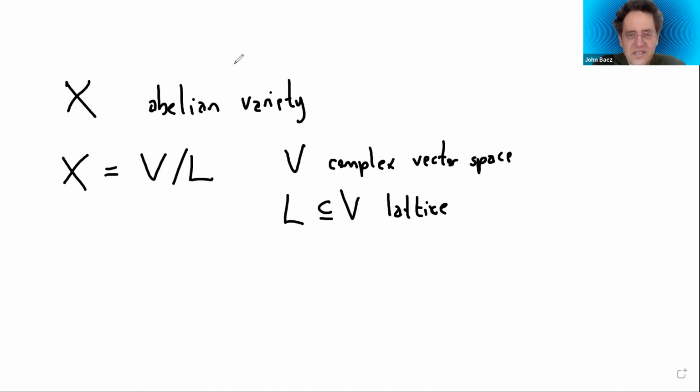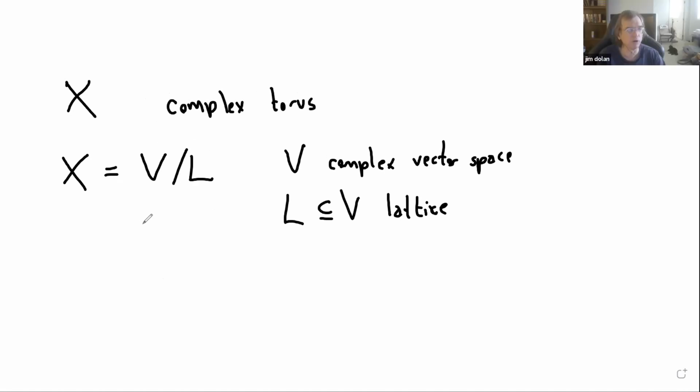Actually, now that I think about it, it turned out that for a long time anyway, everything works for a complex torus. By which I mean, that might mean different things to different people, but what I mean is this thing here.